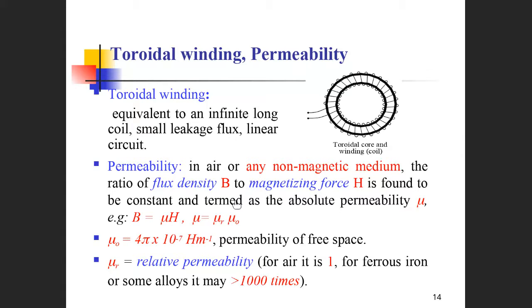Now, permeability issues. The core material may be a plastic core, may be a wood core, may be air, may be a magnetic material. Each material has its own permeability.